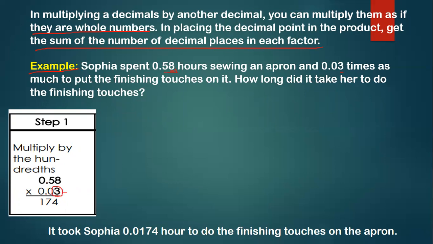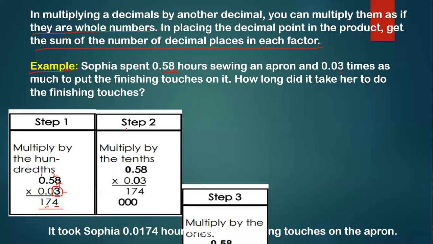Ito lang ang hundreds natin, itong 3 na to. So multiply tayo simula sa kanan, so that is 3 times 8, that is 24. So 4 lang ilagay sa baba and then carry 2. 3 times 5, that is 15 plus 2, that is 17. Carry 1. And then 3 times 0 is 0 plus 1, that is 1. So this is the first product ng ating hundreds.